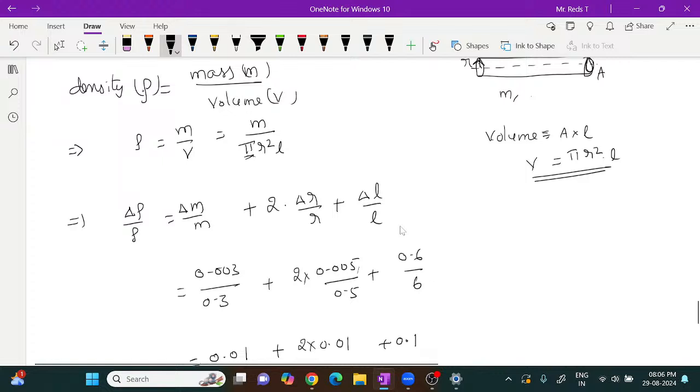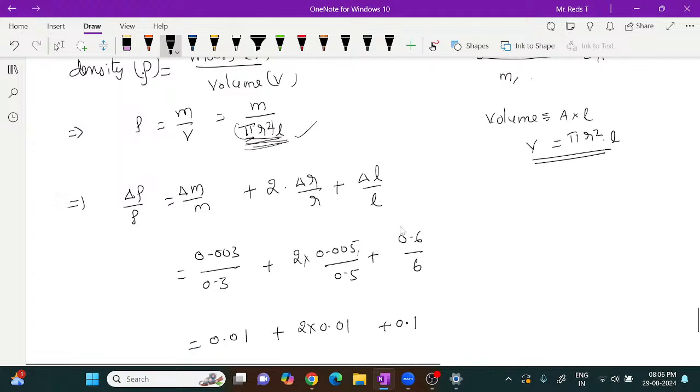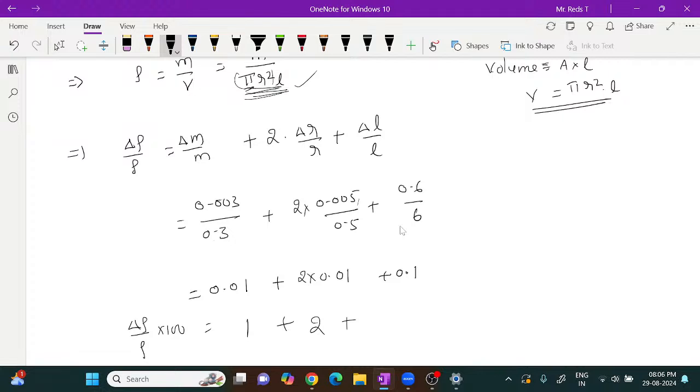Pi r square L only. Check pi r square L only. Volume is area into length, pi r square L. I think there is a small mistake.